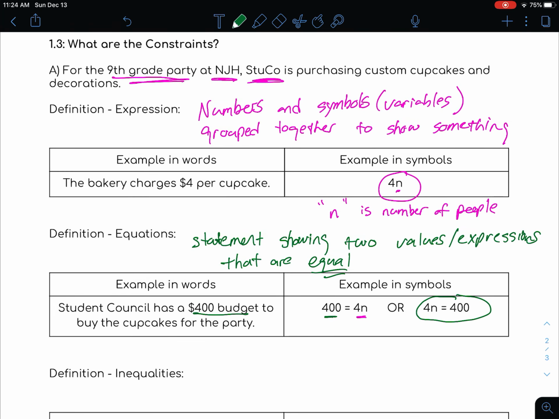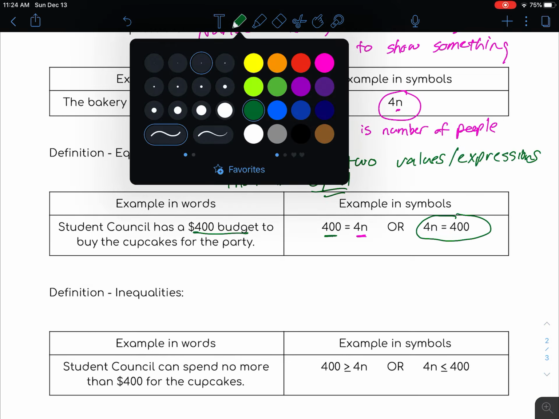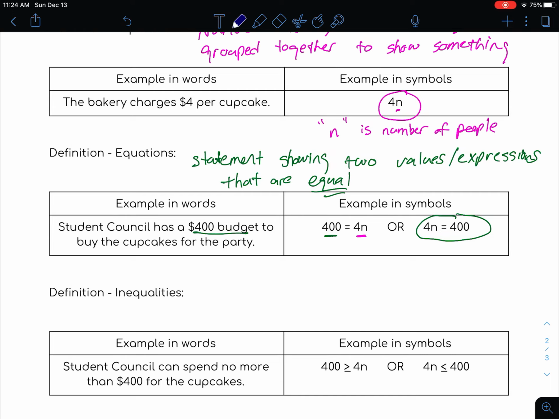So now we can make an equation about that, saying that $4 per cupcake has to come out to equal $400 budget. So we have two things that need to turn out to be equal to each other, and that's what an equation shows. All right, and then we have something called an inequality.